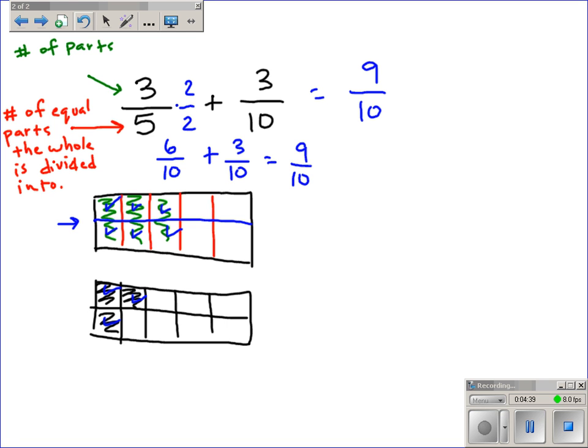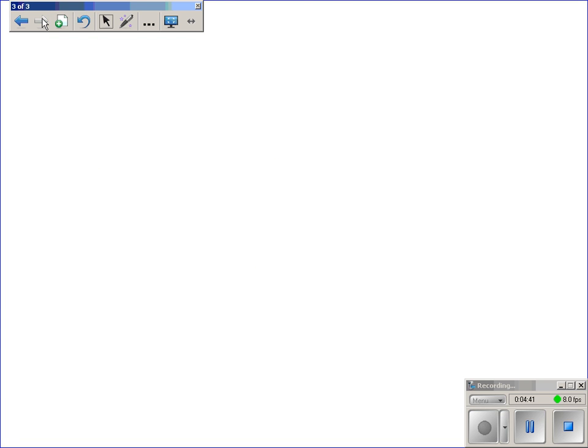Let me give you one example without pictures. Let's take 4/7 plus 3/5. Okay, now the common denominator we could use is 35. There's nothing smaller than 7 times 5 that would give us a common denominator.